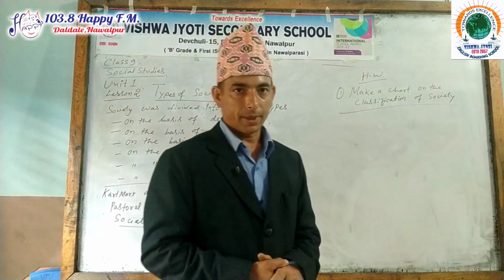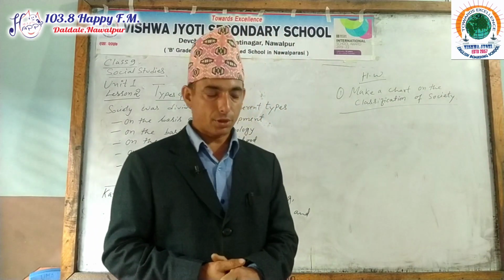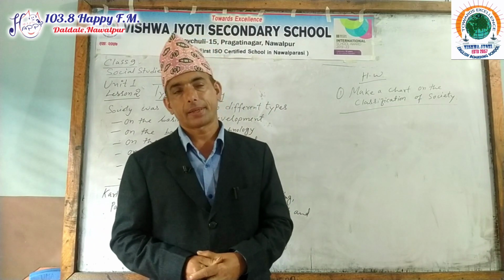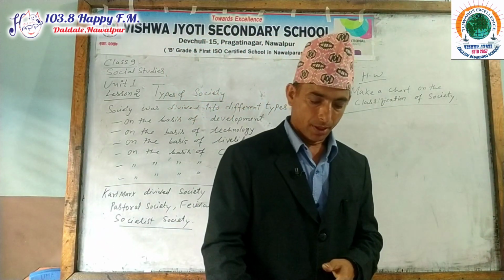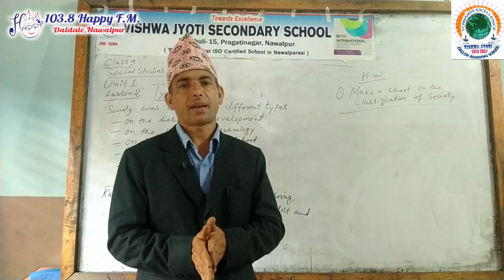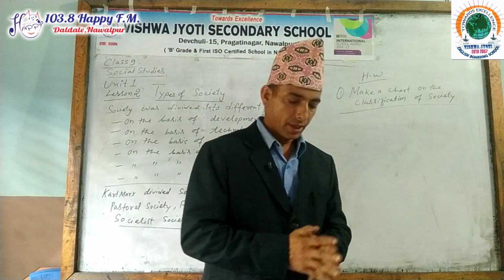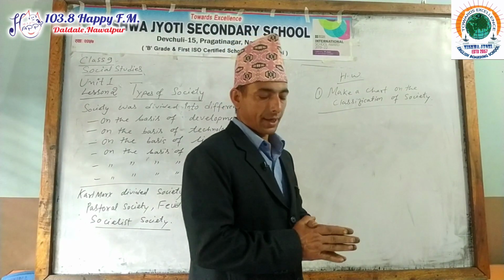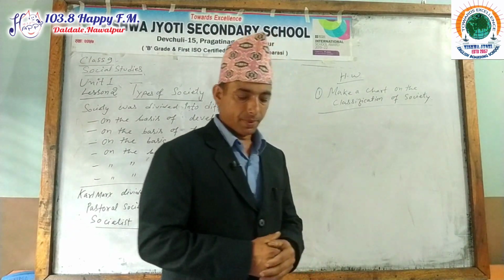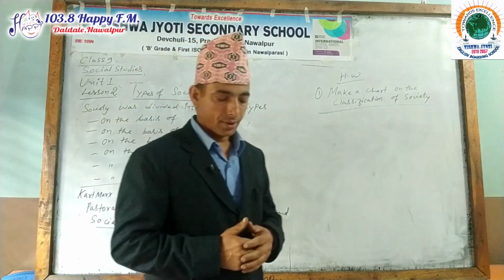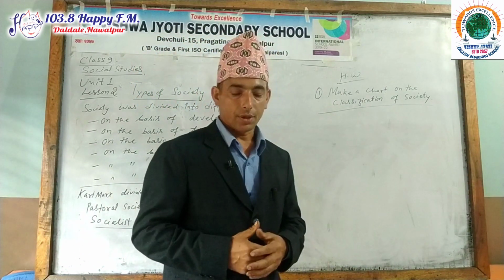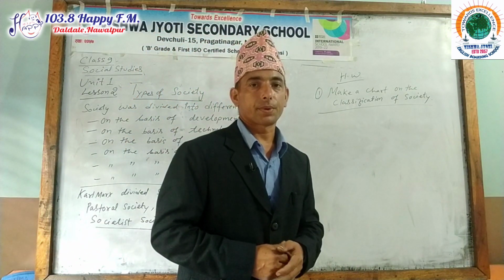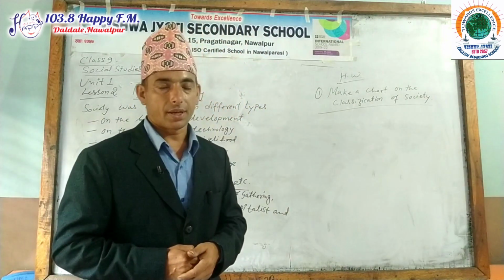Next, capitalist society, where the means of production are privately owned and different types of companies are established. Then feudal society, where the people receive land and protection from their landowners or landlords, and they grow different types of crops or cultivate large areas of land.